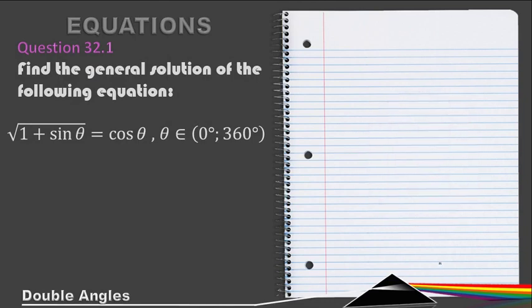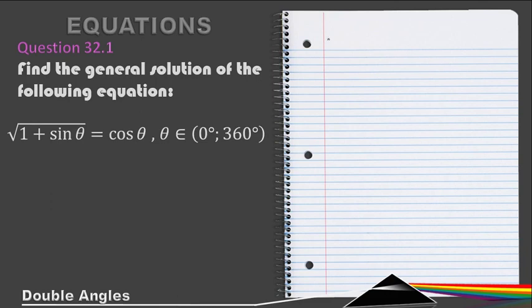So now for question 32.1, we need to solve the following, and this is the specific solution, where we need to solve for values between 0 degrees and 360 degrees.